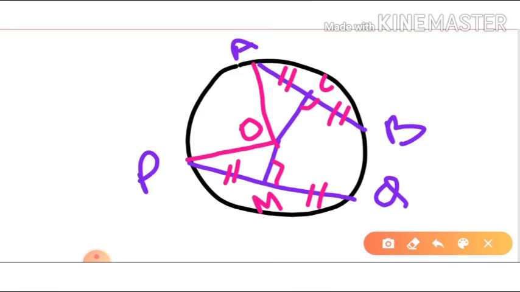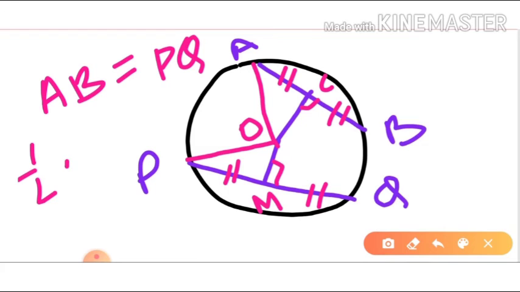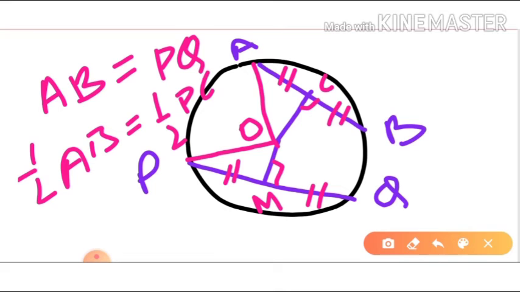AB and PQ are equal. That means half of AB is also equal to half of PQ. So we can say half of AB, this AC, is equal to PM. Yes. So this is the first one.